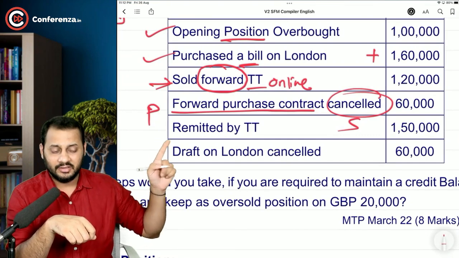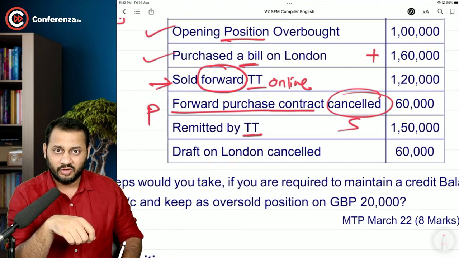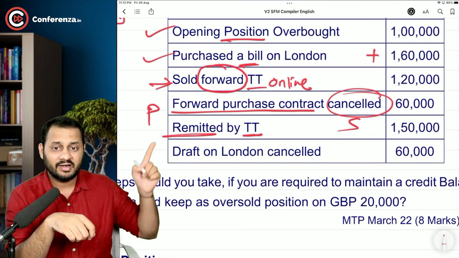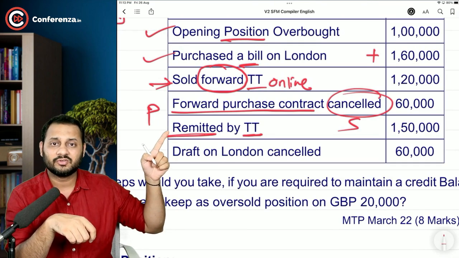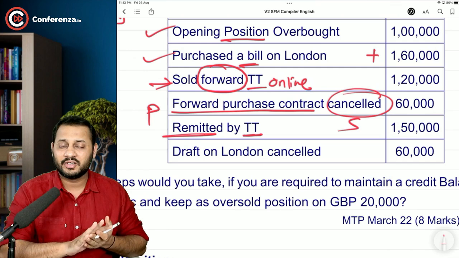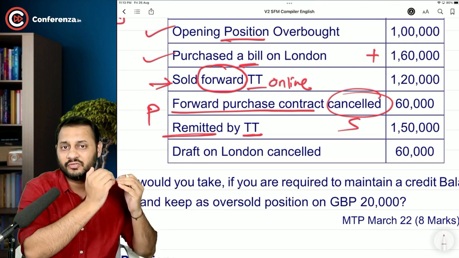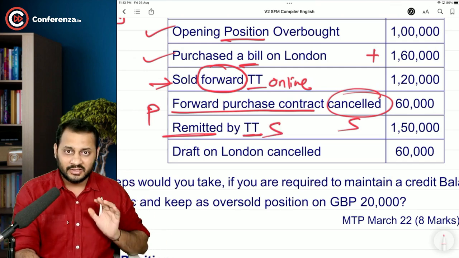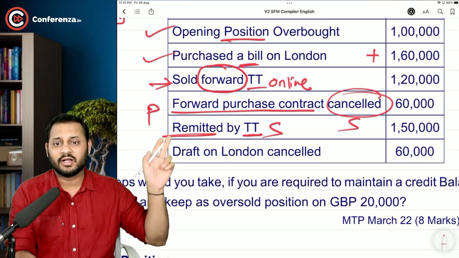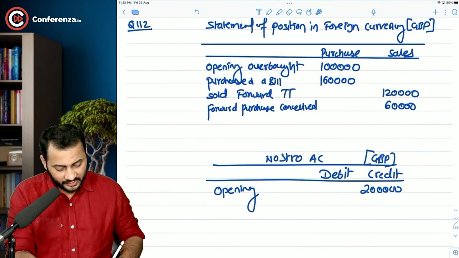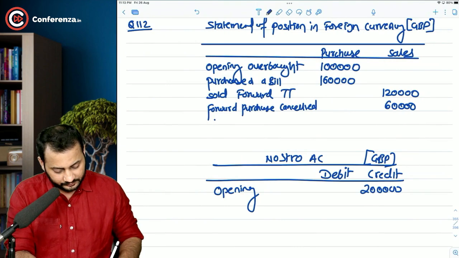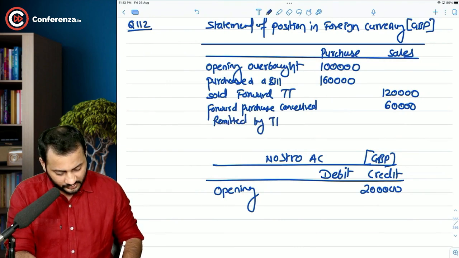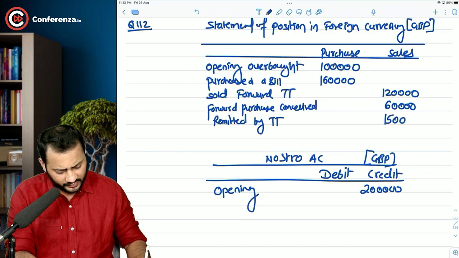Remitted by TT. Let's say this is an online transfer, and you have really transferred 1,50,000 pounds. This is not a forward contract. This is a real cash outflow. There is a cash outflow of 1,50,000. And when the money is going out, you will write it in the sales column. Remitted by TT, telegraphic transfer 1,50,000.